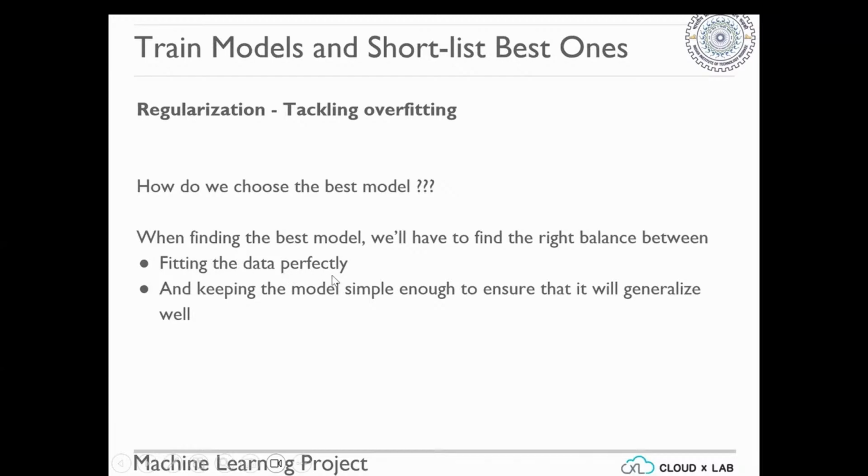Fitting data perfectly means good training accuracy, right? The training accuracy has to be good, and keeping the model simple enough to ensure that it will generalize well means we want better test accuracy. So better training accuracy and better test accuracy, right?